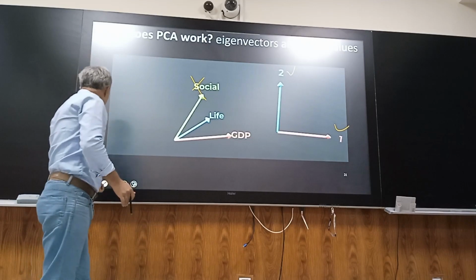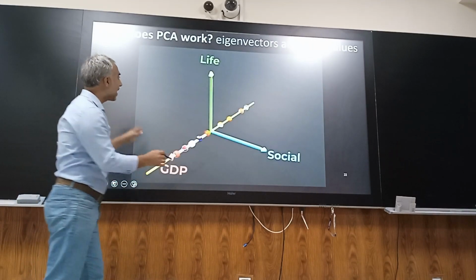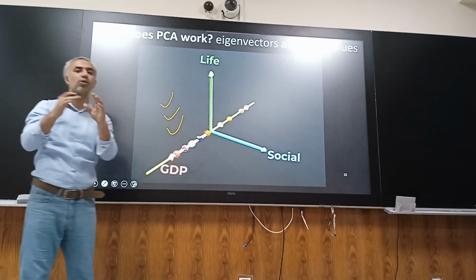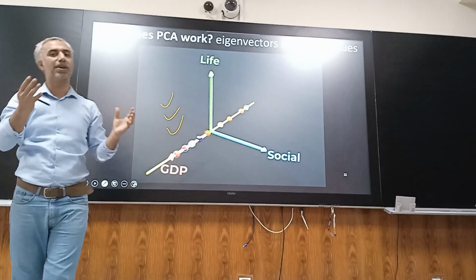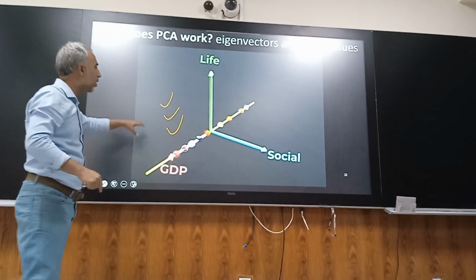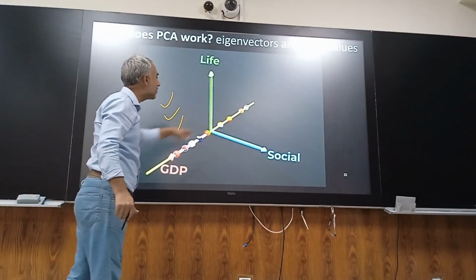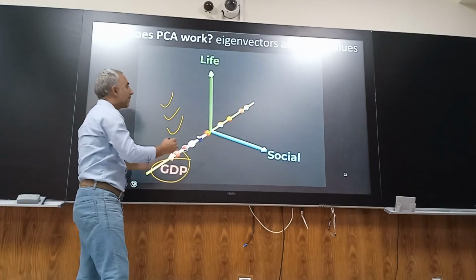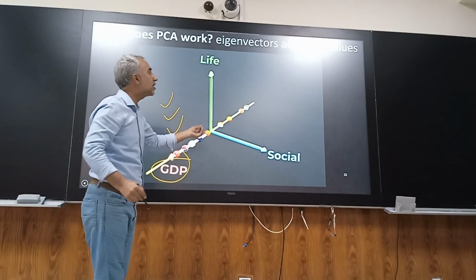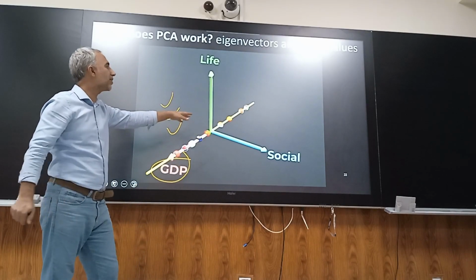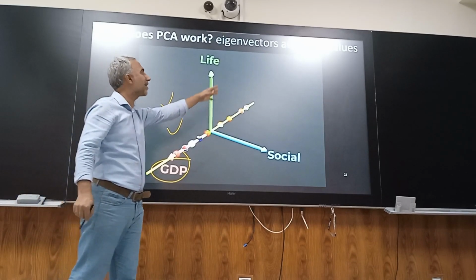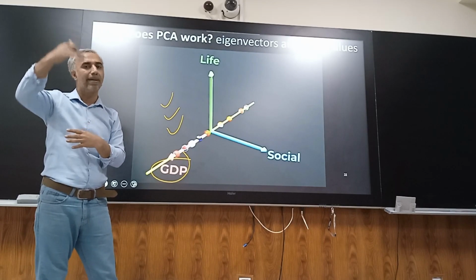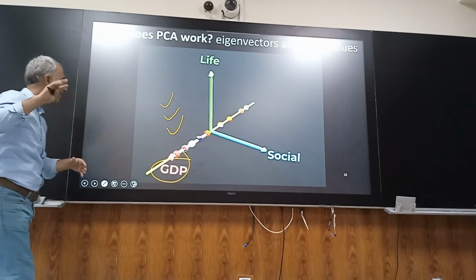However, further if we want to reduce the data, we can say that if only GDP is sufficient enough to talk about any country, how it is going good or how it is going bad, because it has some linear combination. So GDP is having the first eigenvector, its value; if the GDP is too good, we can say that the eigenvalue is too good, or we can say that the country is going in a good progressive way.